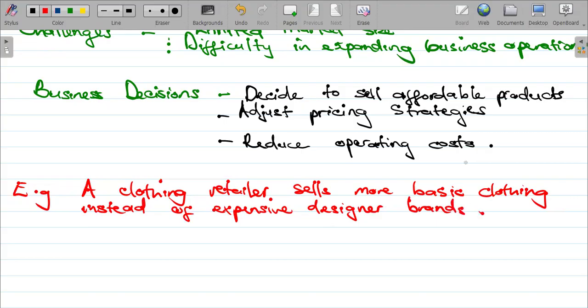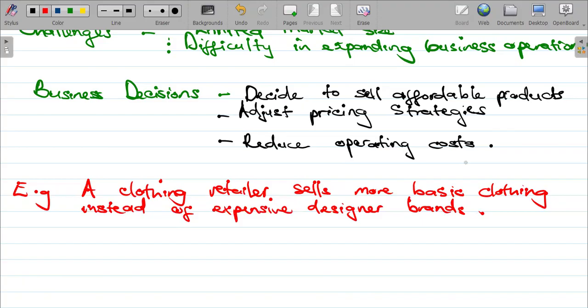So the business has to sell more basic than expensive products so that they will be able to have more sales and profit, right?